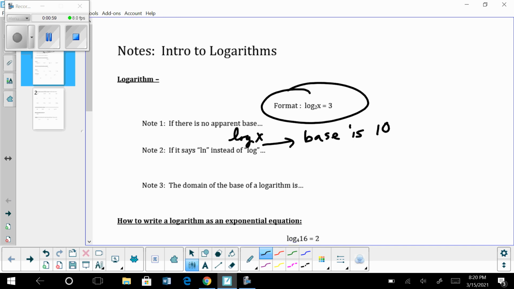If it says ln instead of log, then it is a logarithm with base e. So the ln of x is the same thing as log base e of x. So the base is e. And e is a number that occurs in science frequently. It's an irrational number.